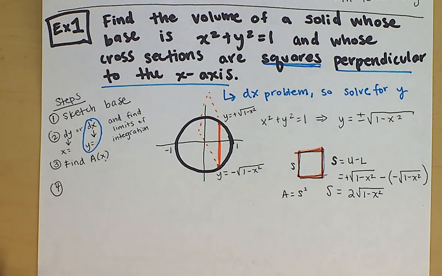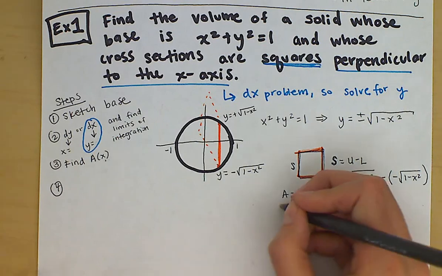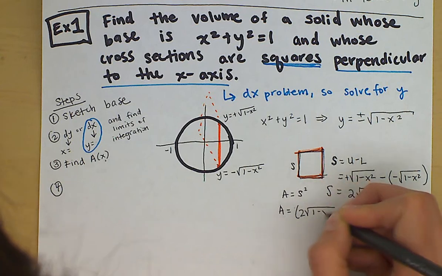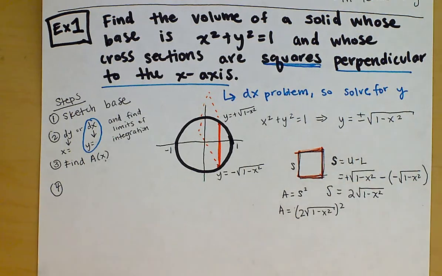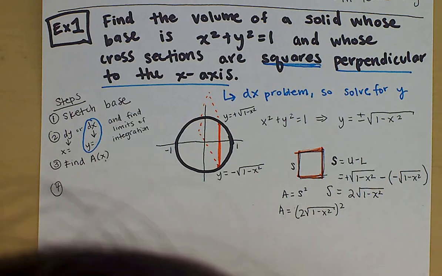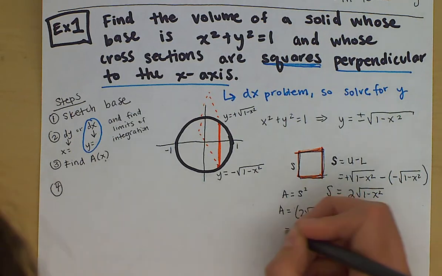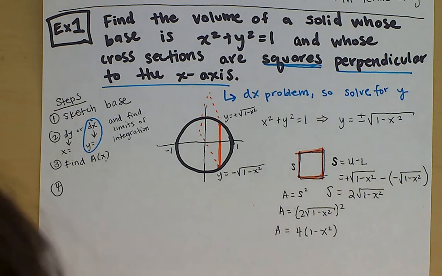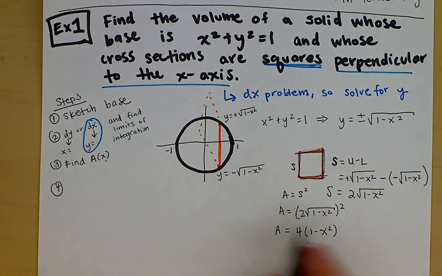So if I plug that back in, my area equals 2 times the square root of 1 minus x squared, squared. You can simplify this a little bit if you want. The area equals 4 times 1 minus x squared. I'm just going to leave it like that. You will see why I don't necessarily need to do all the simplification, because at this point, the problem is much easier.